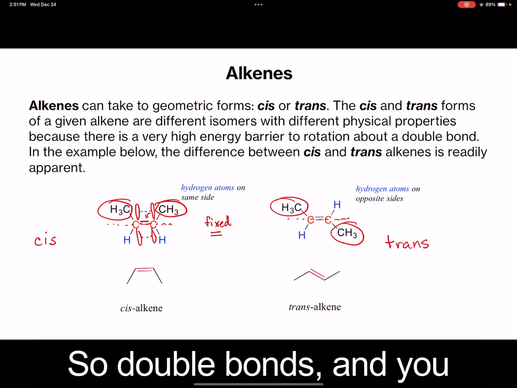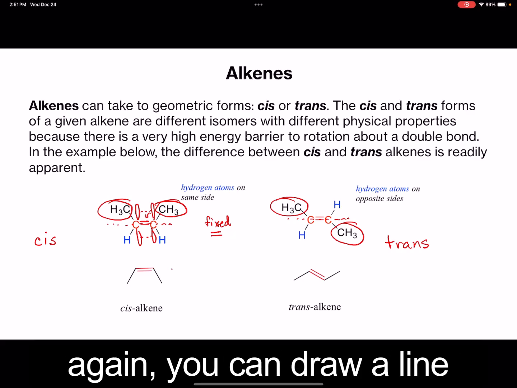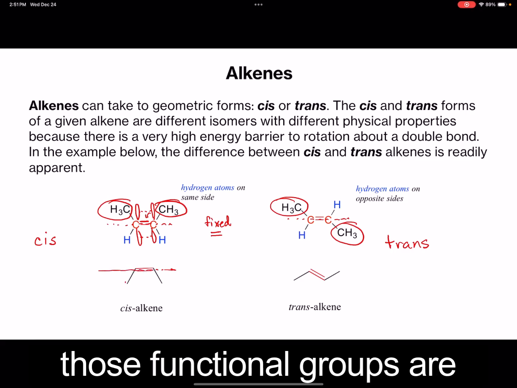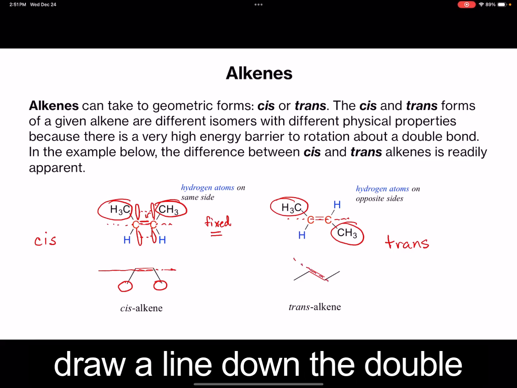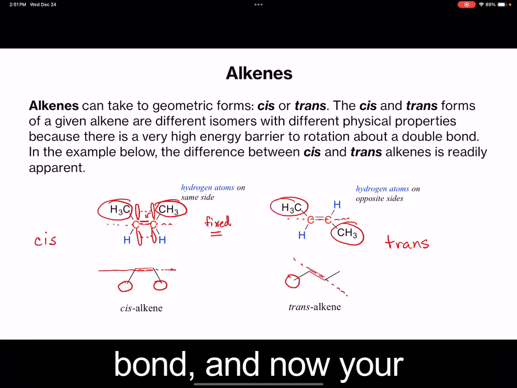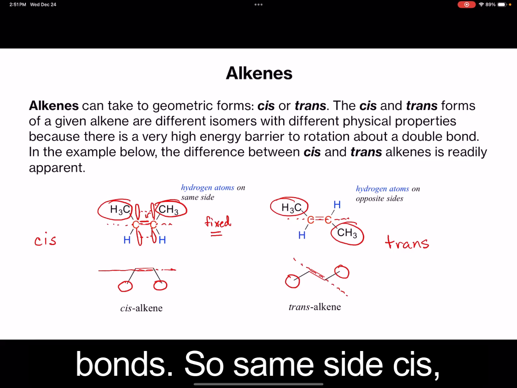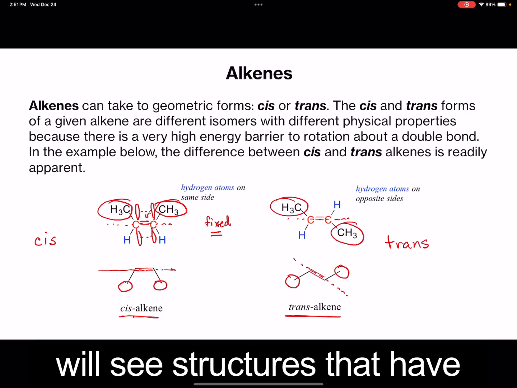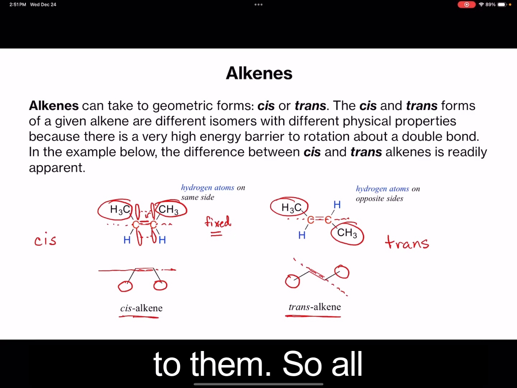You can see this in the shape of the molecule: you can draw a line down the double bond, and those functional groups are on the same side, or you can draw a line down the double bond, and now your functional groups are on the other side of the double bond. So same side, cis, opposite side, trans, and we will see structures that have this cis-trans stereochemistry to them.